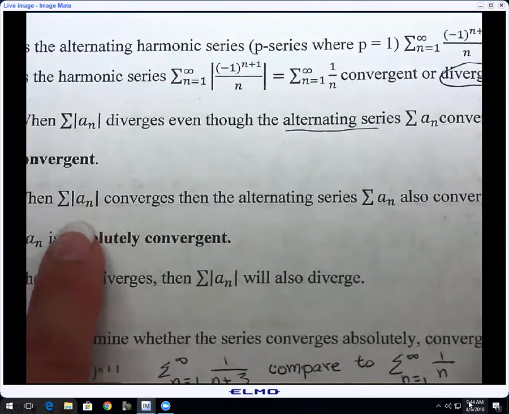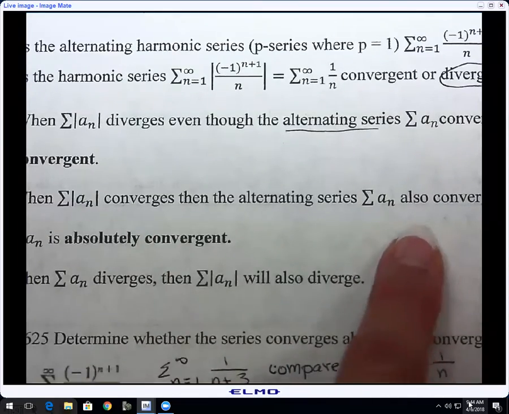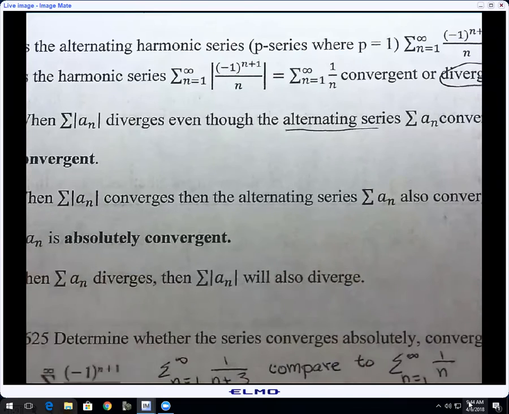That's actually theorem 9.16 in the book. If the absolute value converges, then the alternating series also converges, and we only actually have to do one test. It's when one of those converges and the other diverges that we have to test both series separately. If one of them diverges, then both of them diverge.